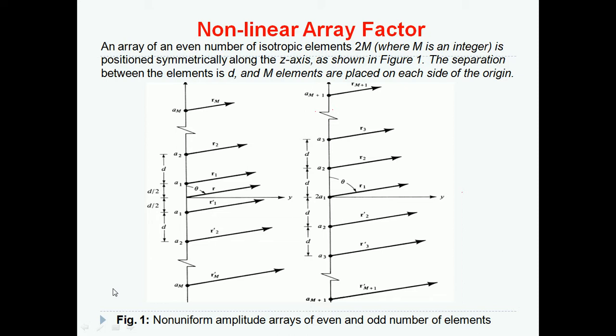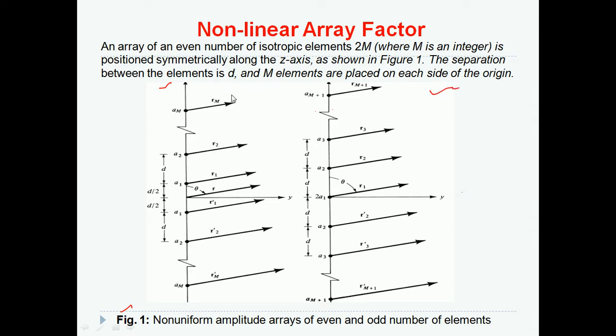Now in figure 1, we can see two types of non-linear array. Towards my left is the non-linear amplitude array consisting of an even number of elements, and towards my right is the non-linear array consisting of an odd number of elements.